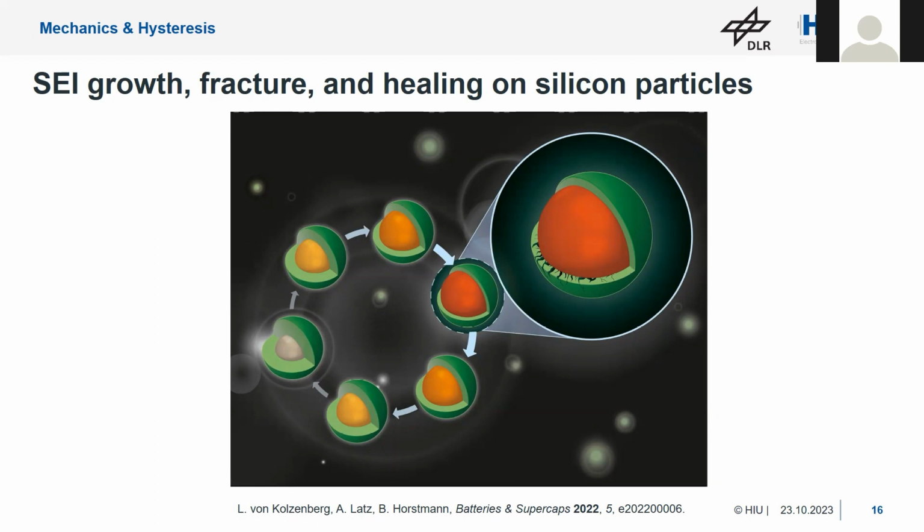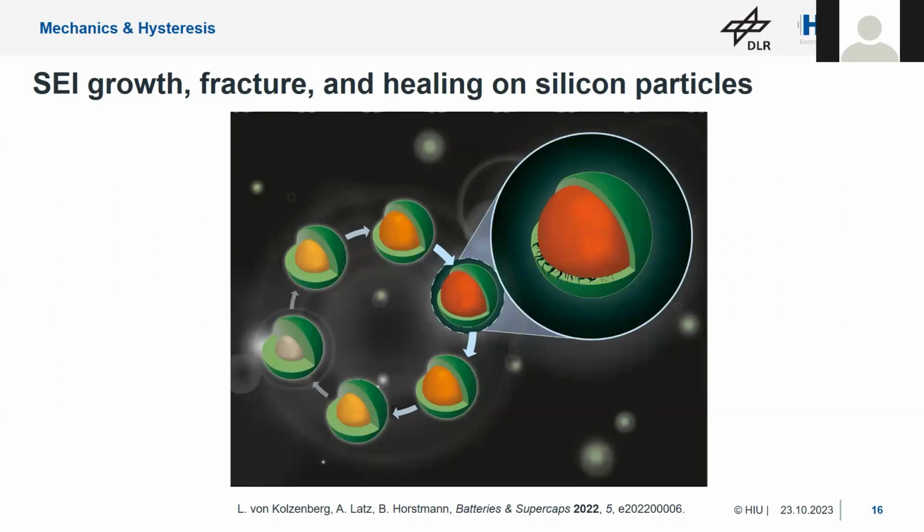silicon electrodes is shown here in this cover image of our work. So the silicon has a very large volume expansion that you can see here. And you can also see in this three-dimensional image that when you have a small particle and a big, thick SEI on top, if you put lithium inside this silicon particle, the silicon particle will expand a lot.